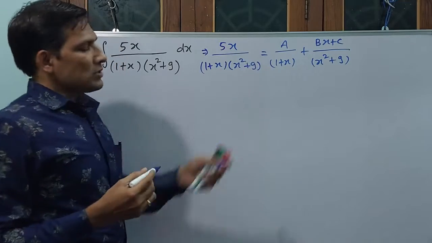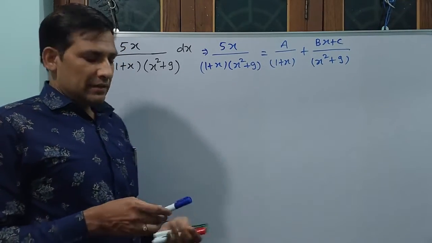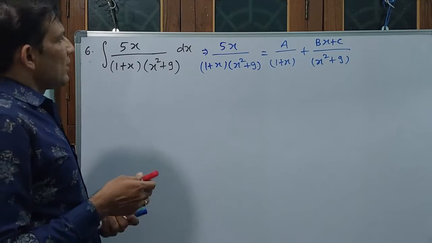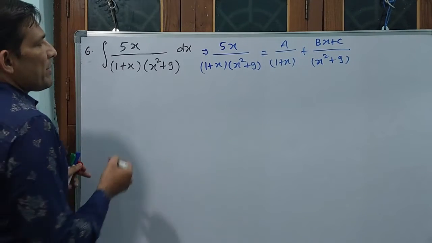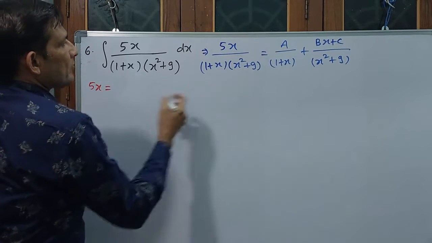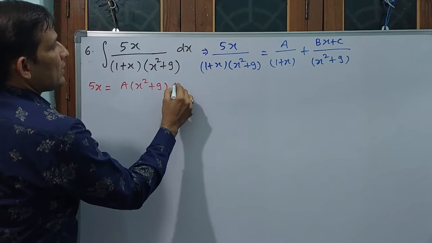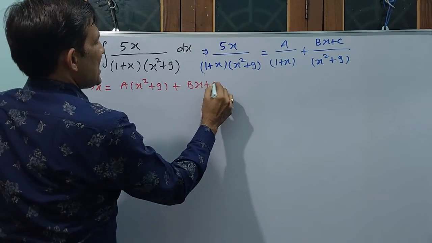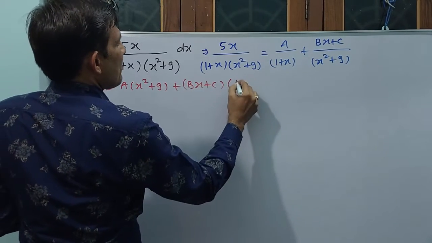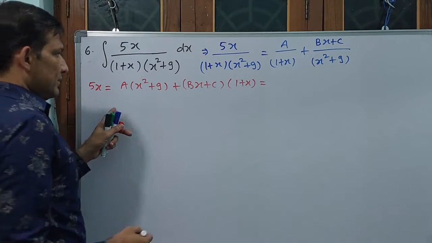Both are equal, so you compare only the numerator; the denominators are already equal. Numerator means 5x is equal to a into (x square plus 9) plus (bx plus c) into (1 plus x). First you expand this.